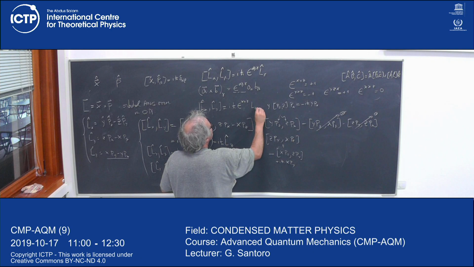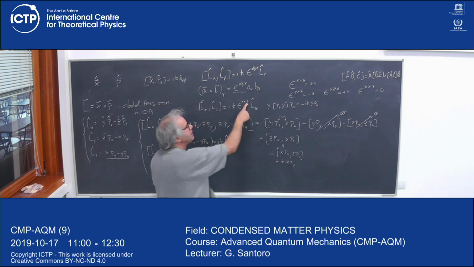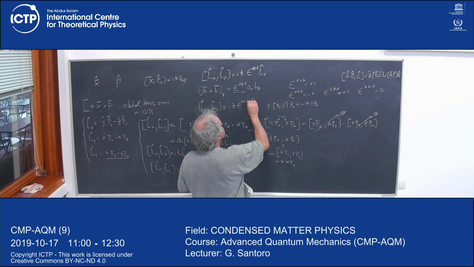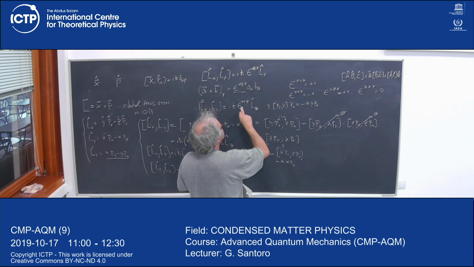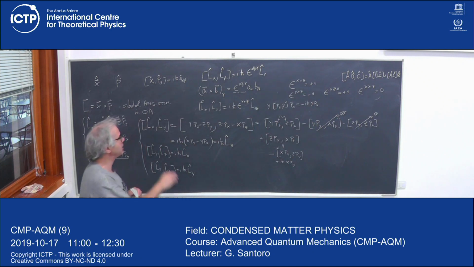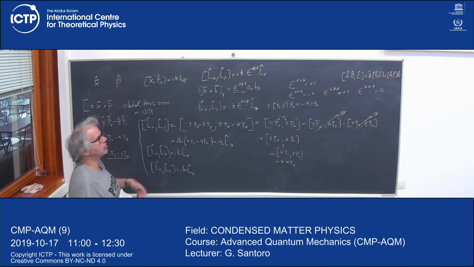But what is the only possible value that this index can have in order not to repeat any of these? z. So it's enough to have this. And what's the value of this? Plus 1. And in the same way, you deduce that all the others are nicely reproduced.